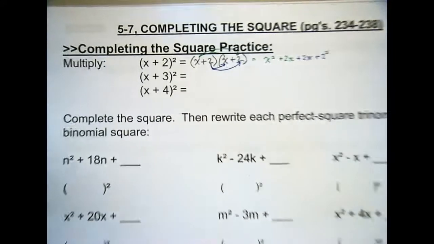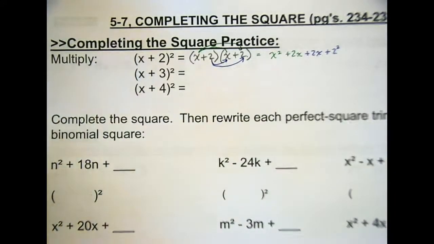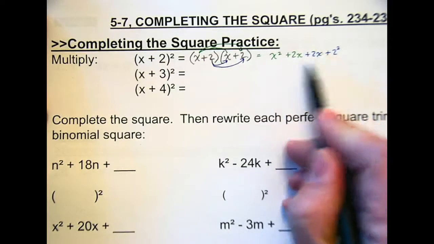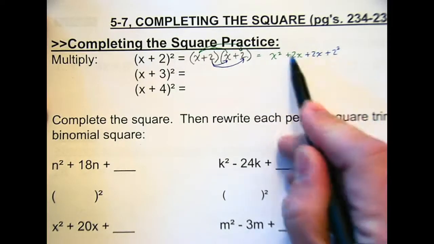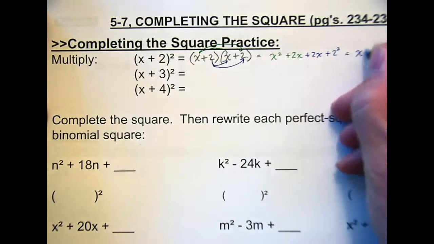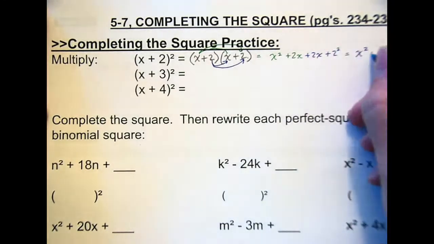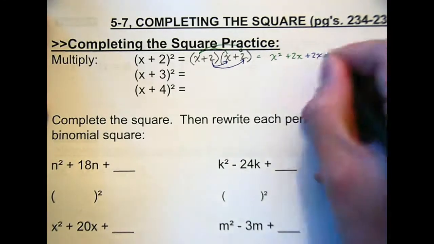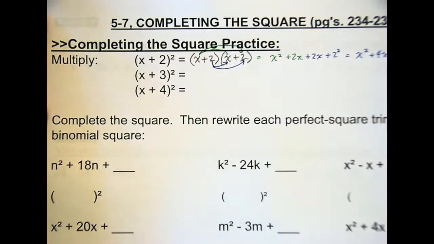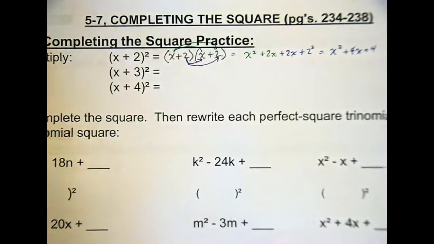But I'm trying to show some patterns here. So how many 2x's do we have? Well, we have 2 x's, right? That ends up giving me x squared. 2 x's is 4x. And this is squared, so that's 4.